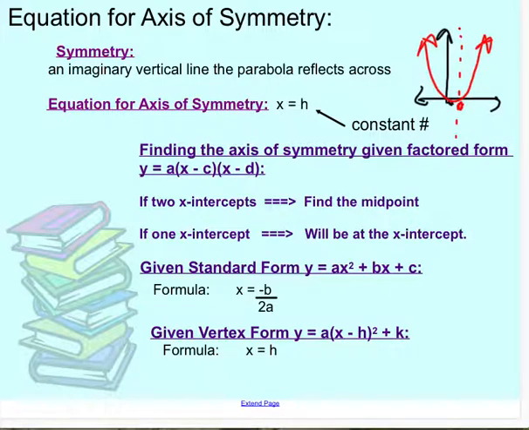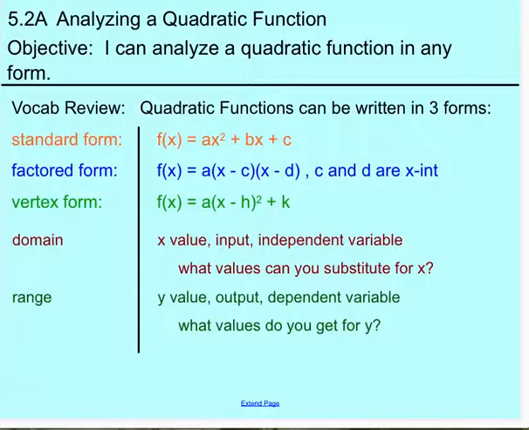So that's symmetry. To find the equation for the axis of symmetry, it's x equals h. H is the x coordinate of the vertex. Let me jump back to the first slide real quick. So when we're looking at the equation in vertex form, remember, inside the parentheses gives us the horizontal shift, and it gives us the x coordinate of the vertex.